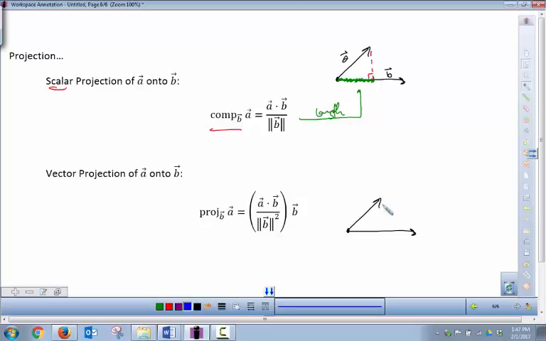On the other hand, a vector projection is an actual vector, and that's the shadow that it makes. So you look at the shadow that it makes and you make a vector that's running along B. So I want a vector of a specific length going in the same direction as B. Isn't that like a problem that we talked about earlier in this class?